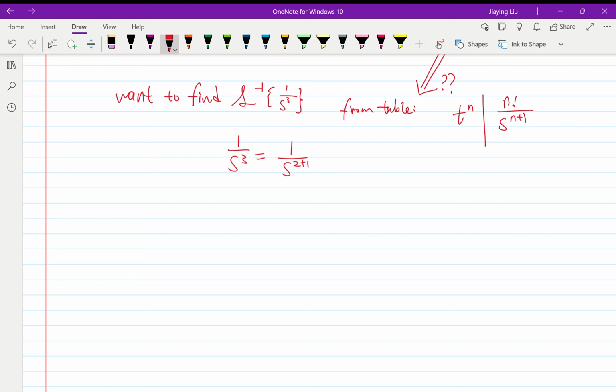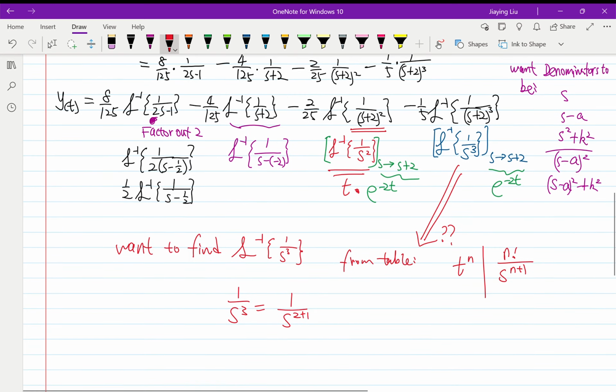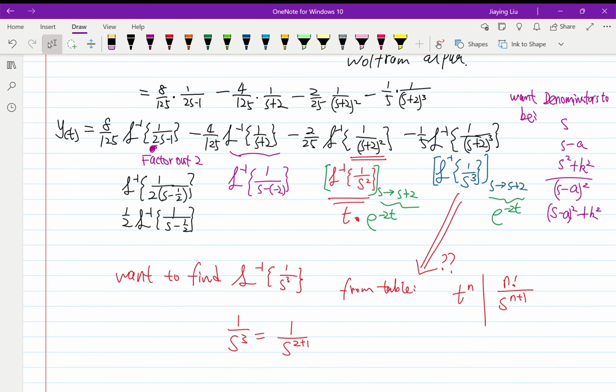Right? So now this exponent has the correct form of n plus 1, but the numerator doesn't have the n factorial, because n should be 2. I don't have a 2 factorial yet. So I can't really go to this part directly. I don't have the same exact form yet.